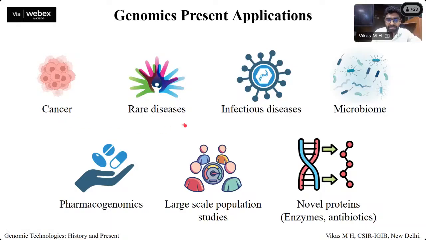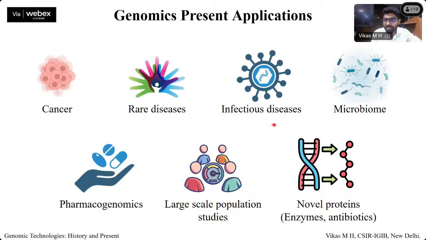And the rare diseases, where the occurrence of the disease itself is so low that you won't get enough cases to study them properly at a population level and come up with a diagnosis and a treatment plan.